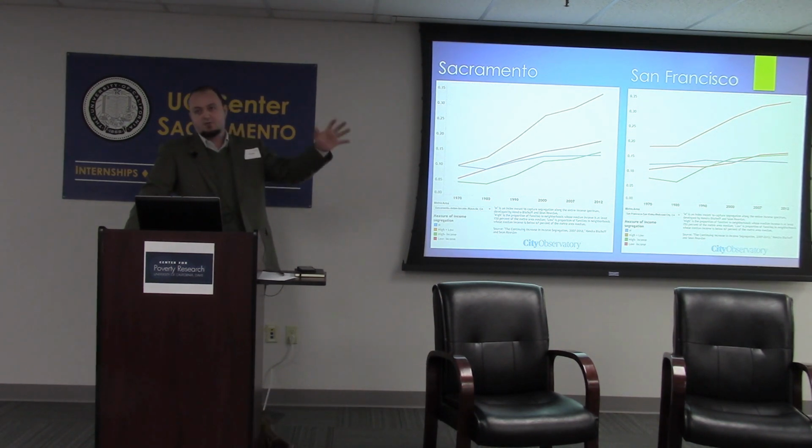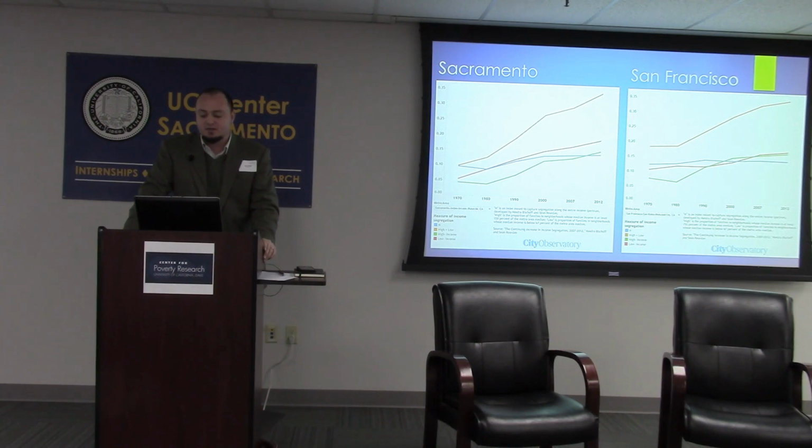So overall, macro level measures of segregation paint Sacramento and San Francisco, as two examples, as very similar cities with respect to the distribution of economic resources. But that overall total amount of economic inequality is driven by very different mechanisms, and they create different opportunity structures for children living in poverty.